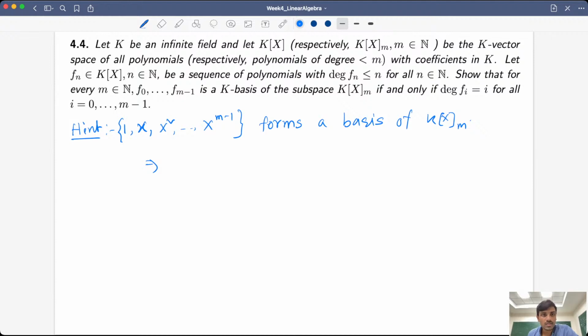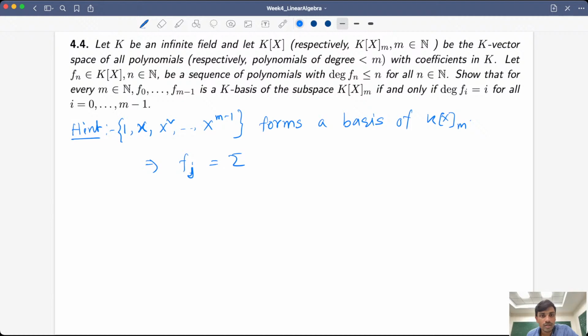So I can write fj as a linear sum of 1, x, x squared up to x^{m-1}, but by the degree restriction the degree of fj is less than or equal to j, so the coefficients of the higher terms must be 0.